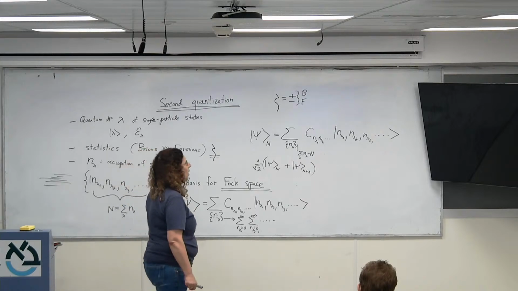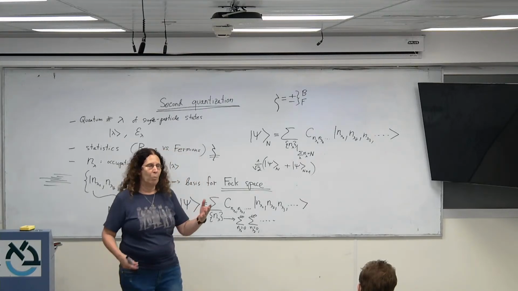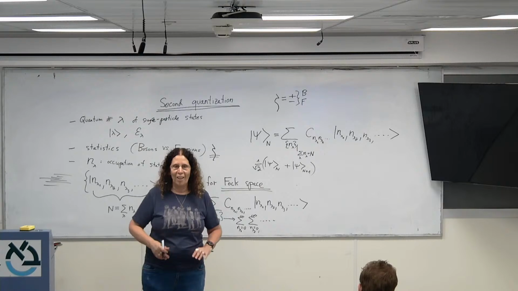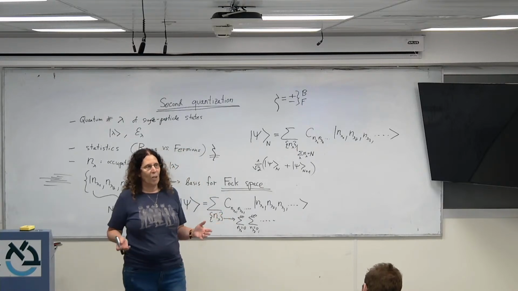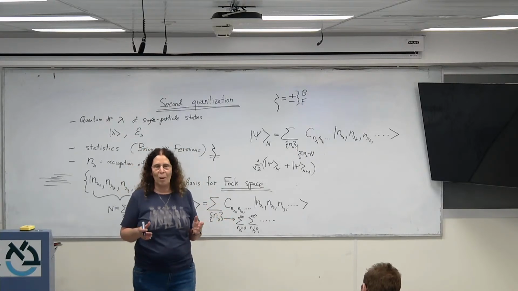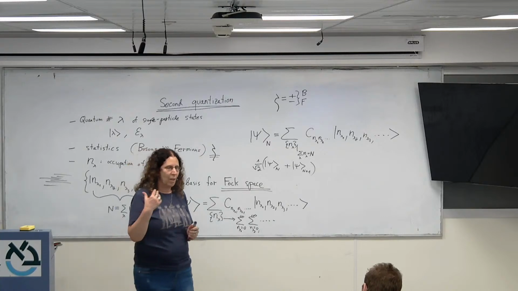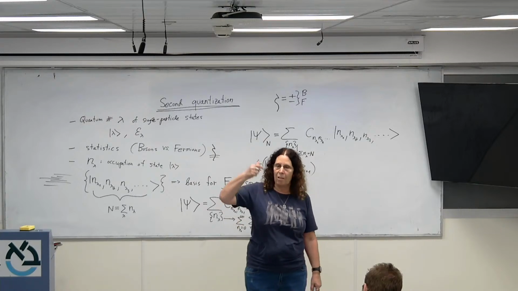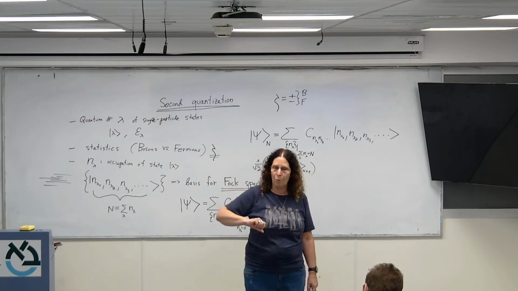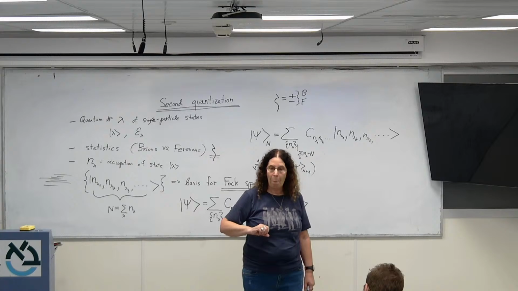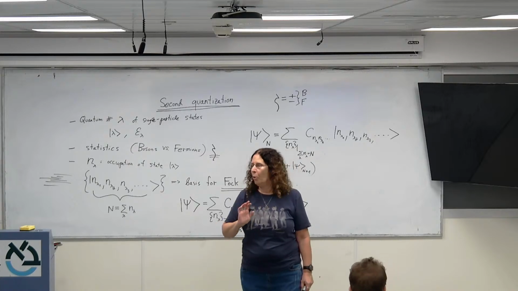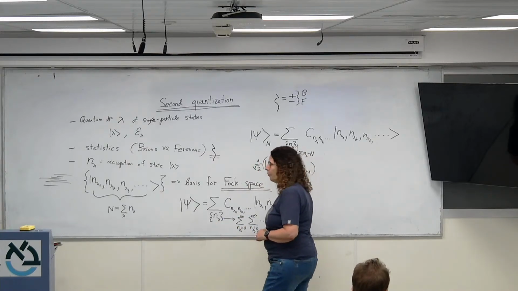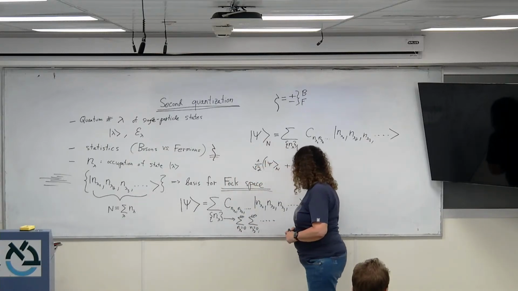Their physical meaning is that, I mean, they don't really have a physical meaning in the sense that they don't have an expectation value, but as operators, they are defined as something that adds one particle or reduces one particle. Okay? Just like in the harmonic oscillator.